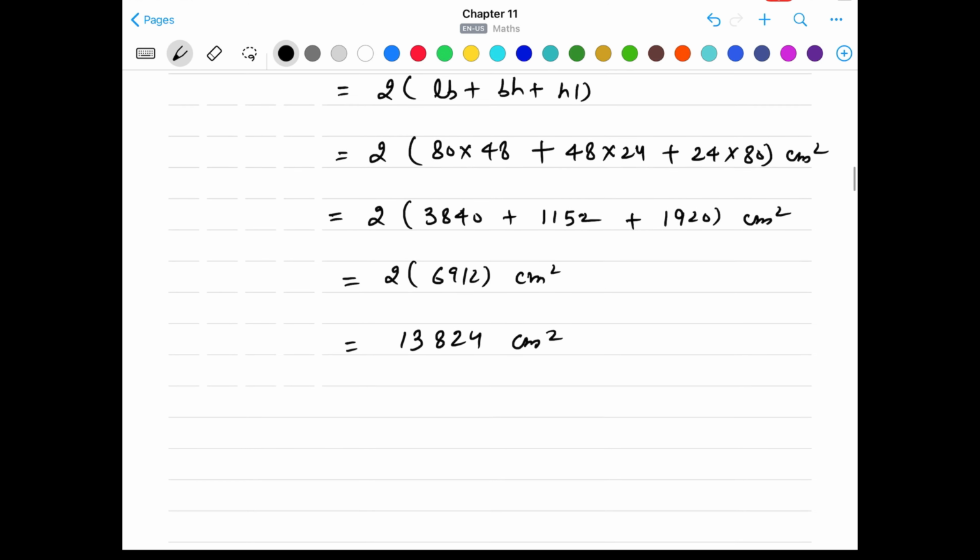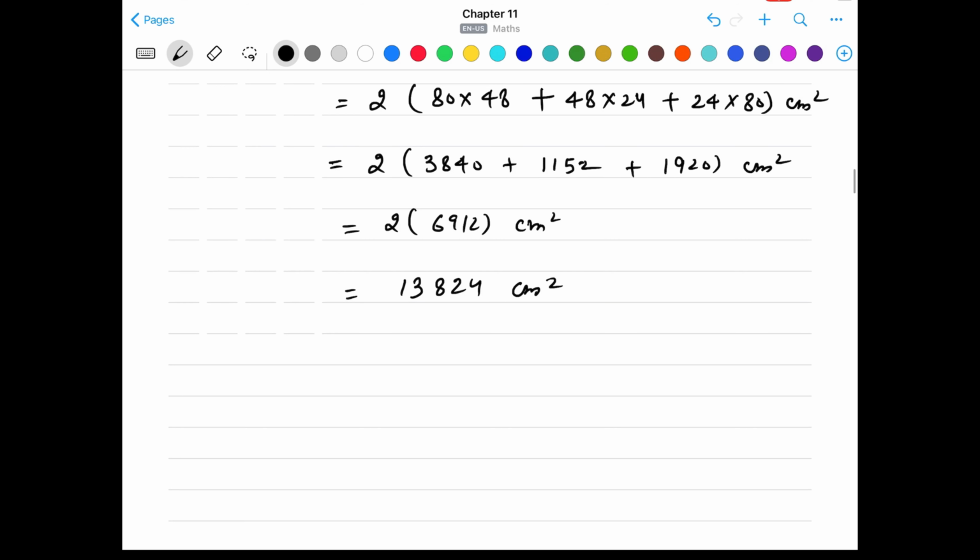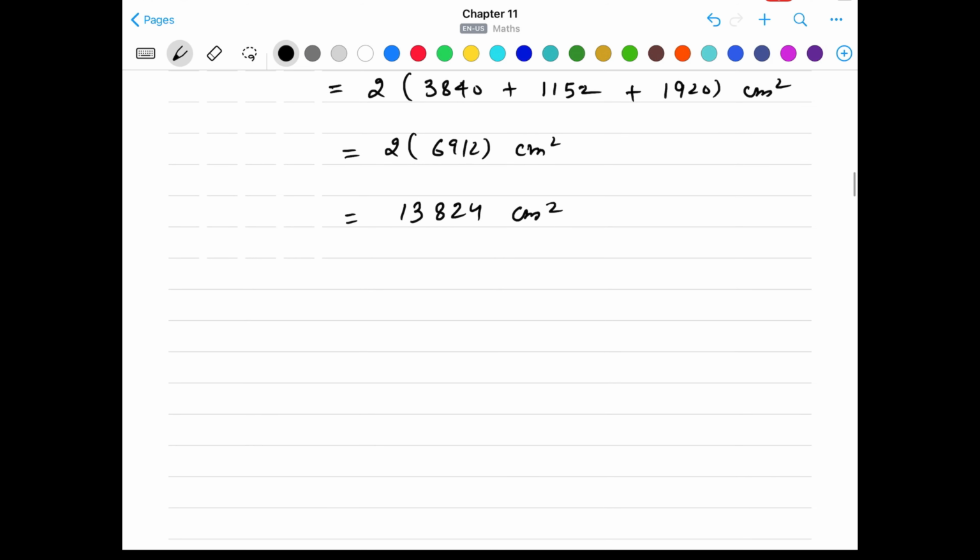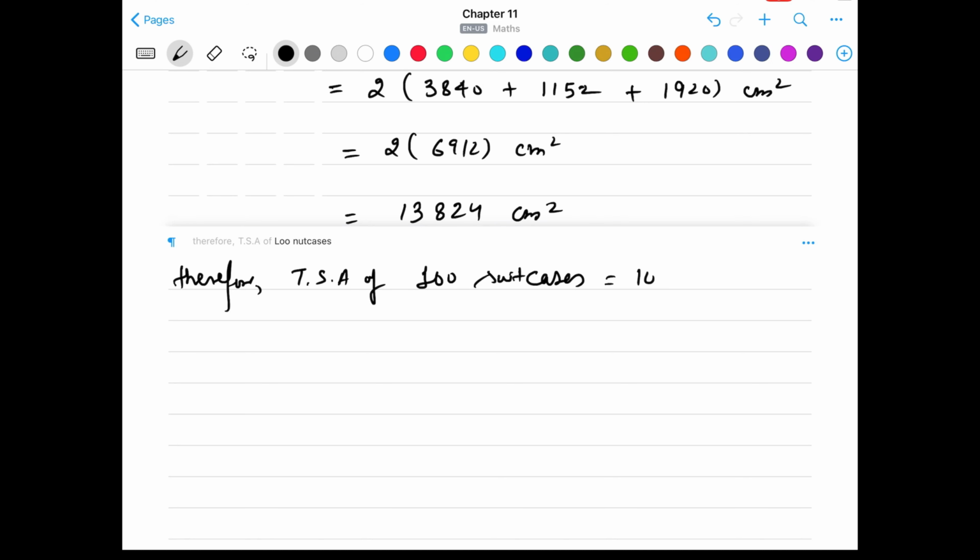Okay, now we can calculate the total surface area of 100 such suitcases. Okay, so we'll write, therefore total surface area, that is TSA, of 100 suitcases will be equals to 100 into the total surface area of one box, that is 13824 centimeter square.